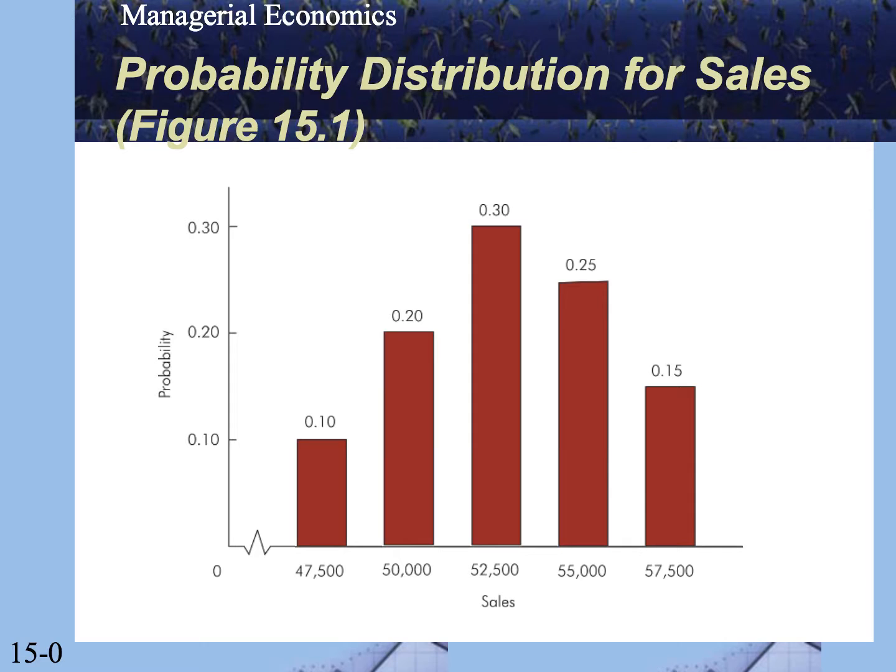For example, in the first case we have a 10% probability with a sale of 47,500. And for example, we have the major value when we have a sale of 52,500 with a probability of 30%.